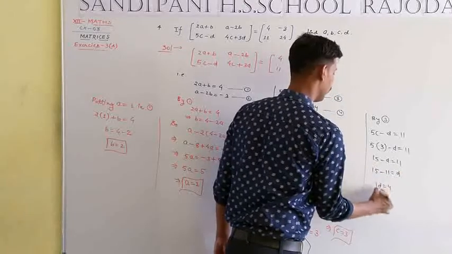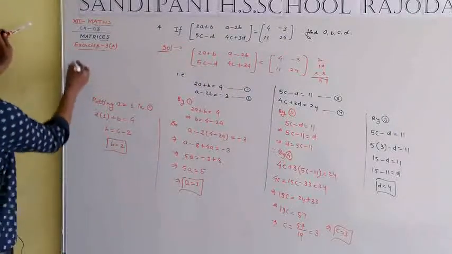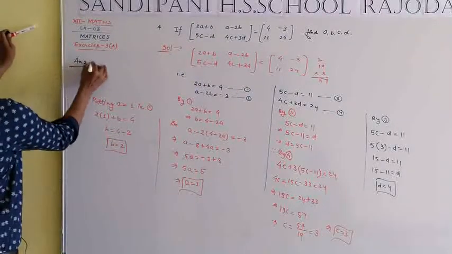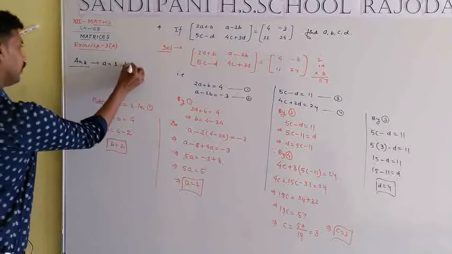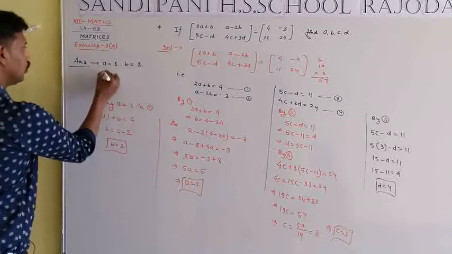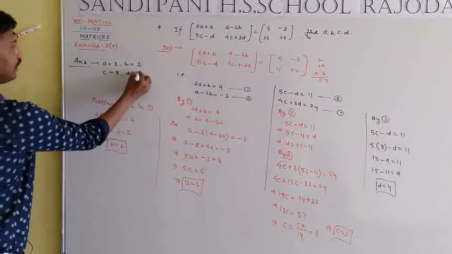So d will be equal to 4. I hope you get all the values. So the required answer: a will be equal to 1, b will be equal to 2, c will be equal to 3 and d will be equal to 4.